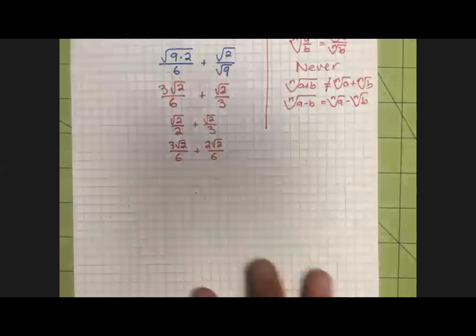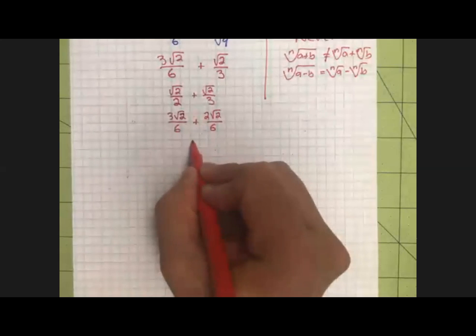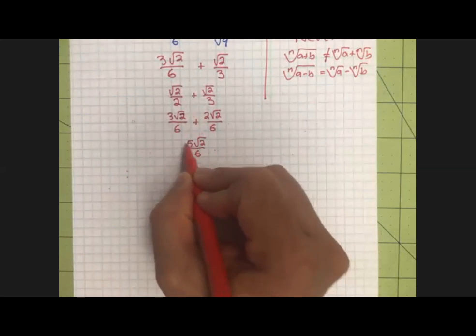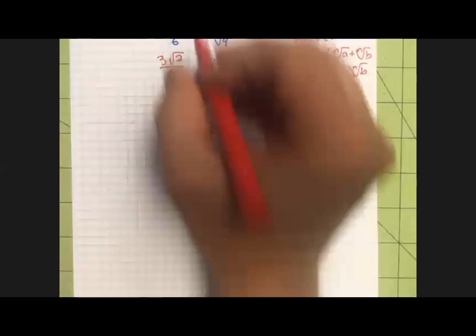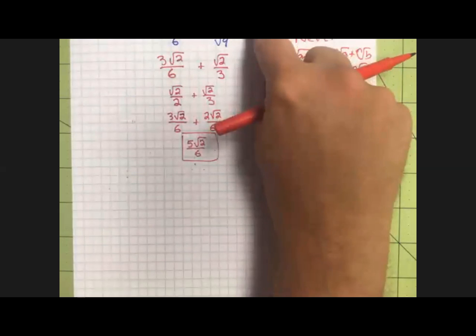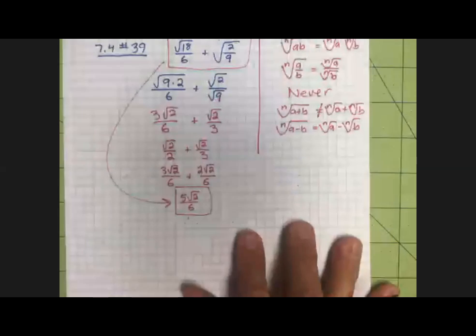So when I get done, what have I decided? I've got 5 times the square root of 2 divided by 6. These two things didn't look like they belonged together, but after I cleaned them up, they turned into something relatively small and simple.